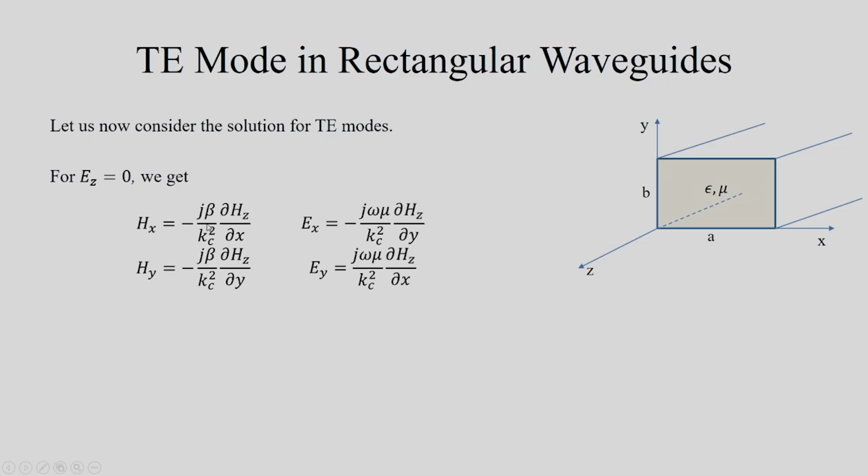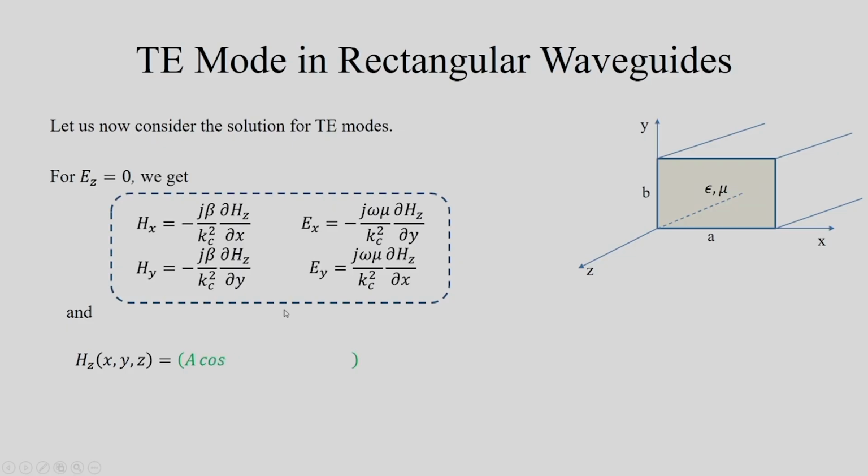Please note that here Ex, Ey, Hx, Hy are all expressed in terms of Hz, and Hz we can write as (A cos kx x plus B sin kx x) into (C cos ky y plus D sin ky y) and e to the power minus j beta z.